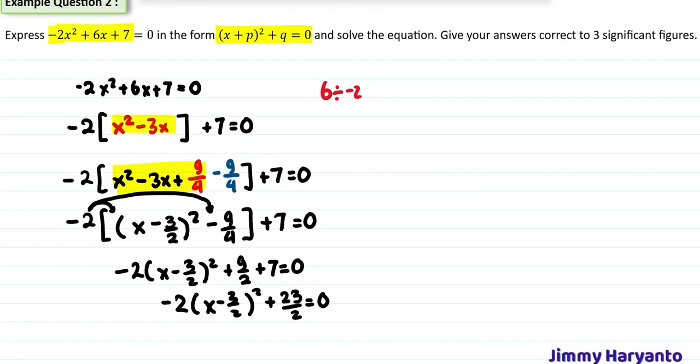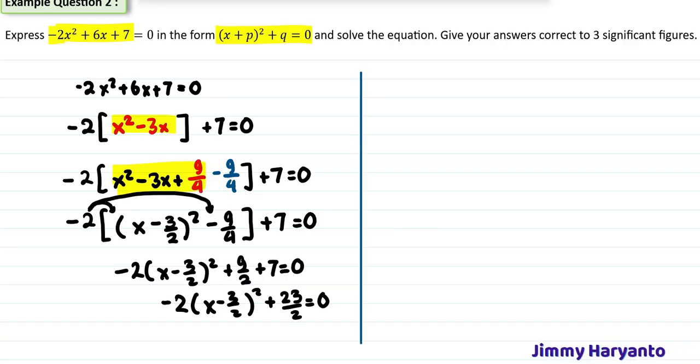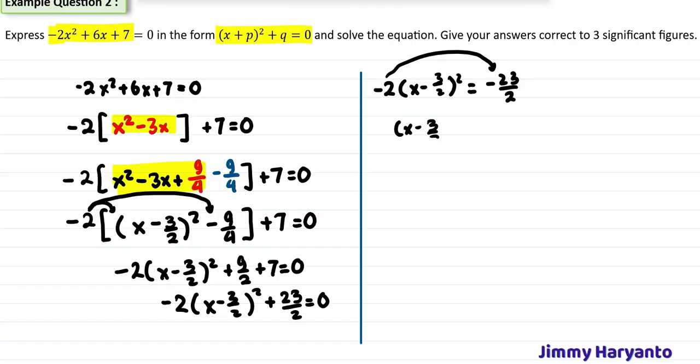Okay, next is to solve. The question wants you to solve and give your answers correct to 3 significant figures. That means the next step will be normal algebra. You will move the 23 over 2 to the right hand side, and then you move the negative 2, it will become division.